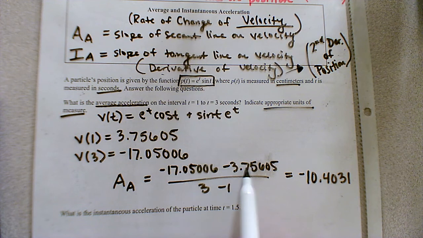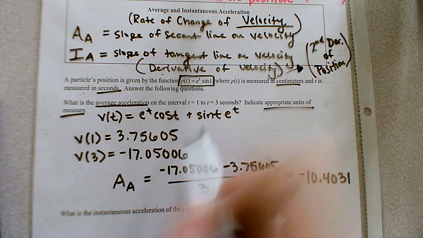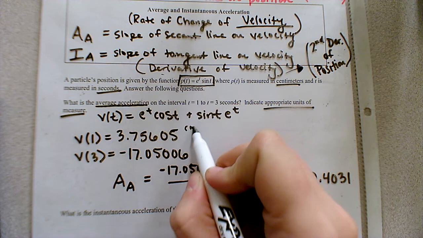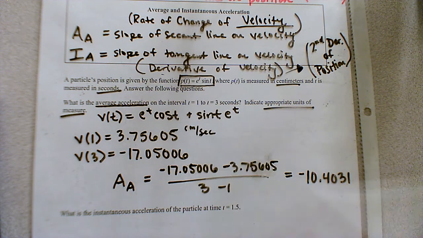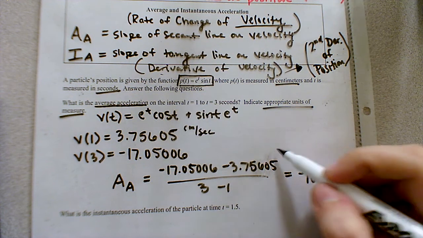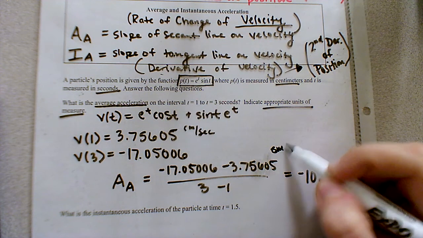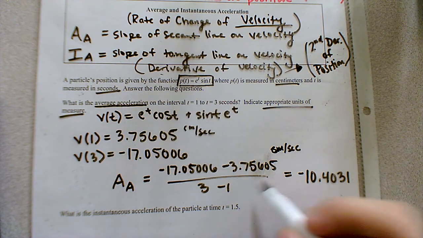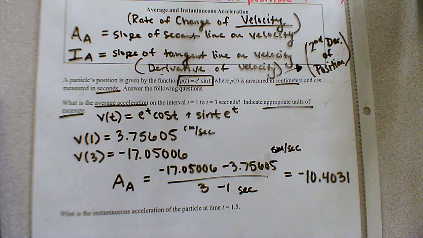So if this negative 17 and 3.7 number came from velocity, the units on these numbers we said were centimeters per second. Now these numbers down here are second values. So we really have centimeters per second divided by seconds.